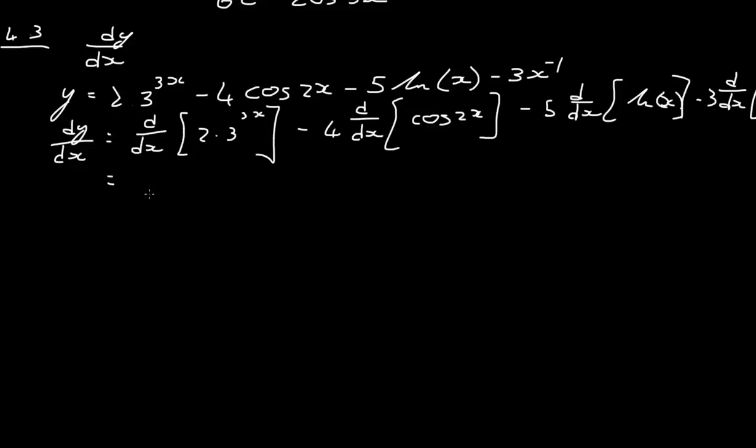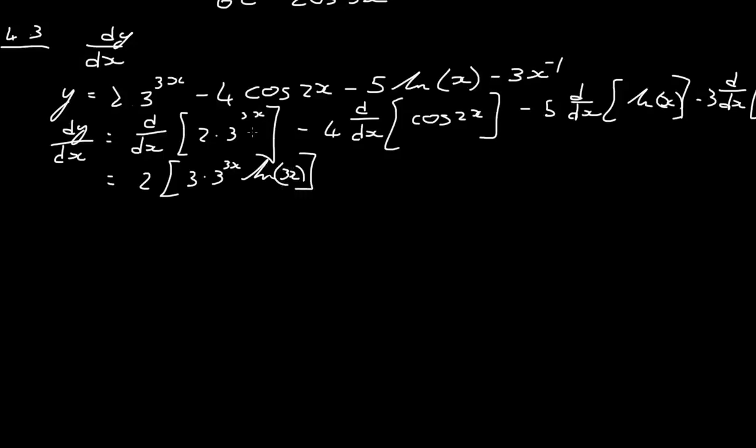So the derivative of our first is 2 times the derivative of 3 to the 3x, which is 3 times 3 to the 3x ln 3x, I believe.